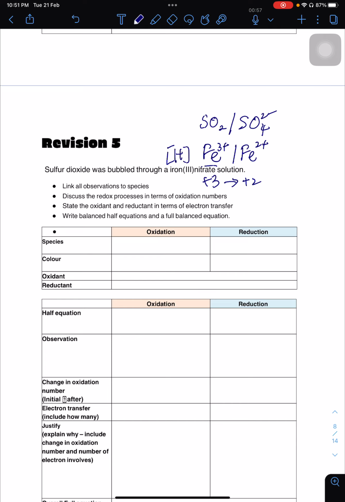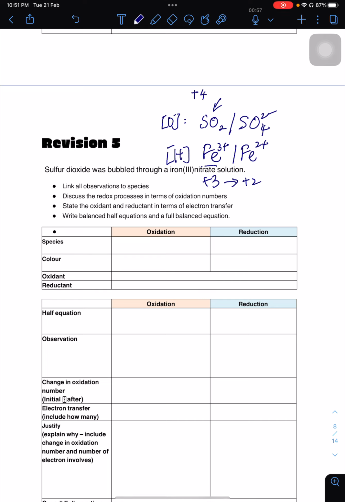Whereas sulfur dioxide gains oxygen, from 2 oxygen on the left-hand side, and oxidizes to SO4, gaining an extra 2 oxygen. So you can say that's an oxidation. As a quick review, you can also try to find the oxidation number for sulfur in sulfur dioxide.